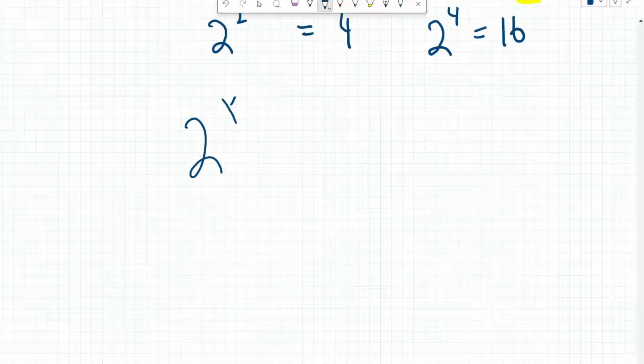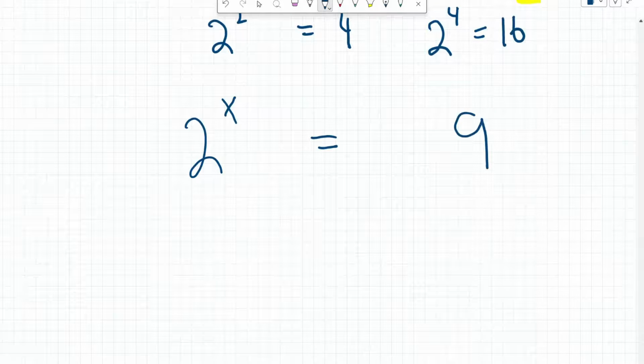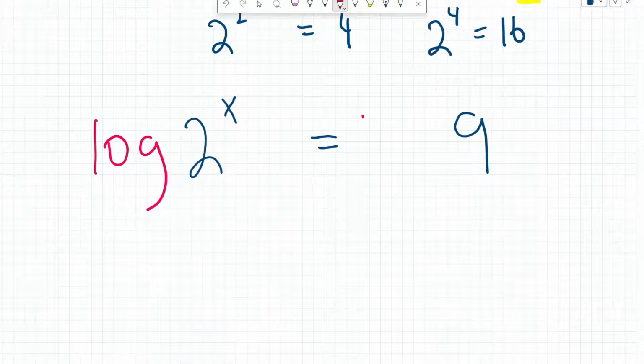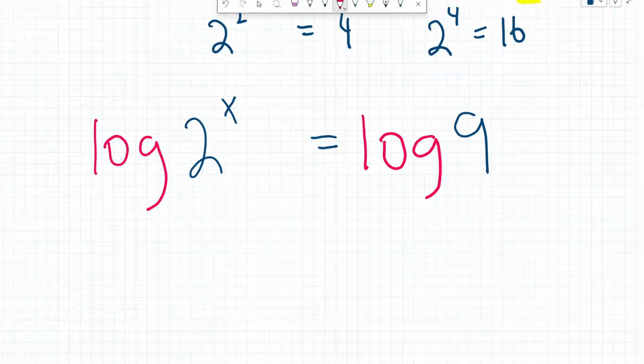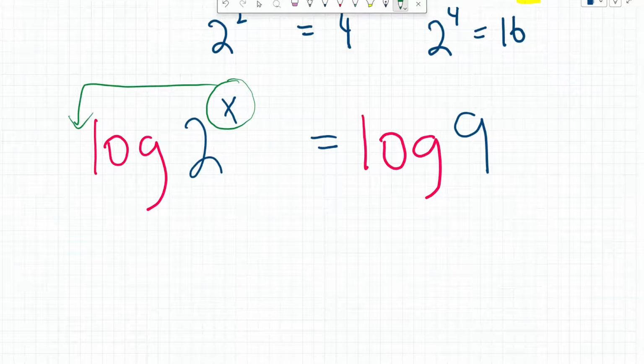So we've got 2 to the x equals 9. We're going to now put a log in front of both sides of our equation. So this is still mathematically equivalent. Log rules allow us to do something really cool. It allows us to take whatever exponent we have and put it as a coefficient on the other side.